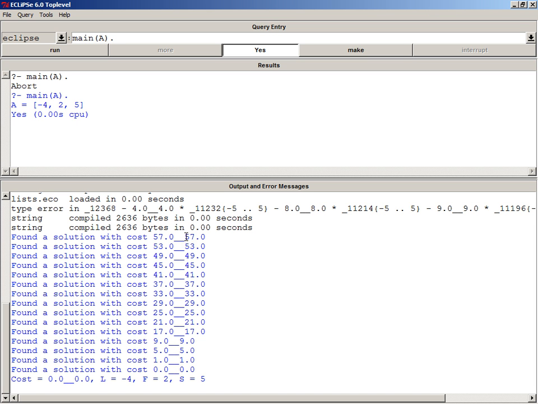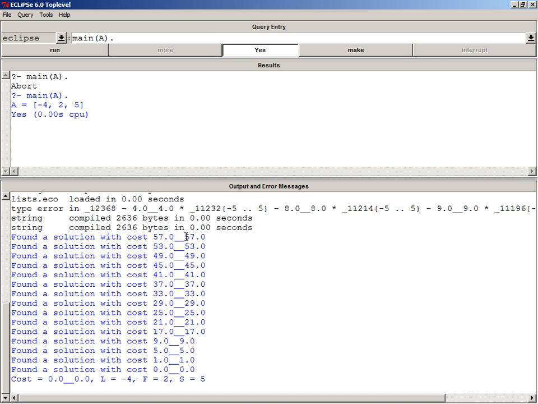So what happens then? Normally, you would want to backtrack and attempt another solution. And it might be the case that you find a solution with a higher cost, one that is driving you away from your objective because you're trying to minimize.